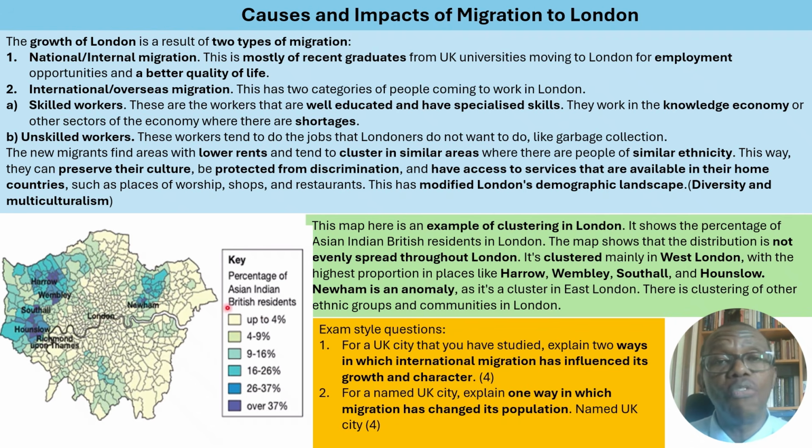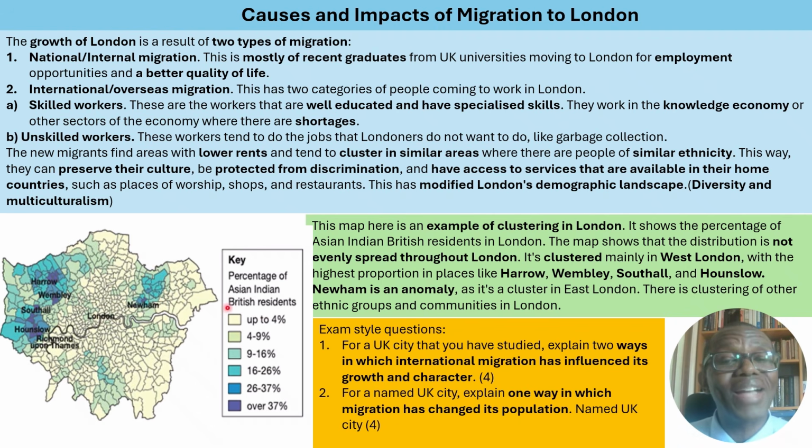So we do know, for example, that recently the UK government was looking to recruit doctors and nurses from different parts of the world, because the number being produced locally in local universities was not enough to cover the numbers that were required.